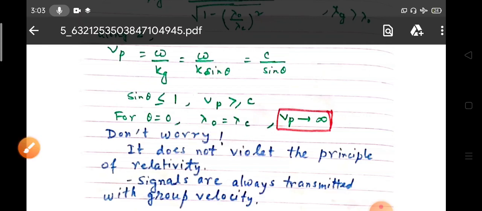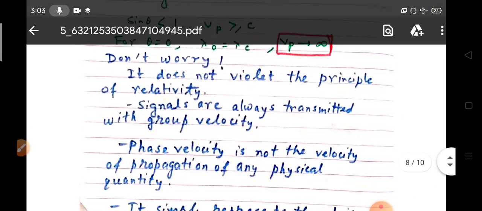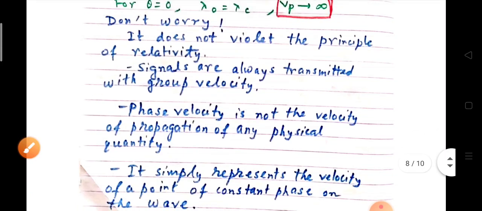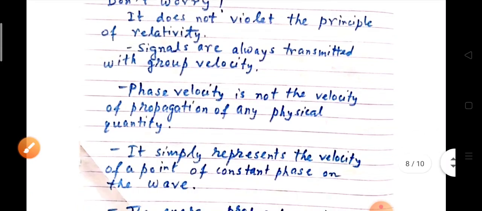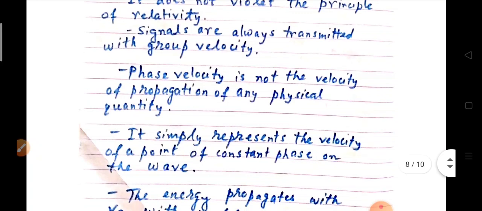But don't worry, the phase velocity being infinite doesn't violate the principle of relativity. Why? Because signals are always transmitted with group velocity. We will see soon what the value of the group velocity is. Before that, you shouldn't worry about the principle of relativity, because signals are always transmitted with group velocity.